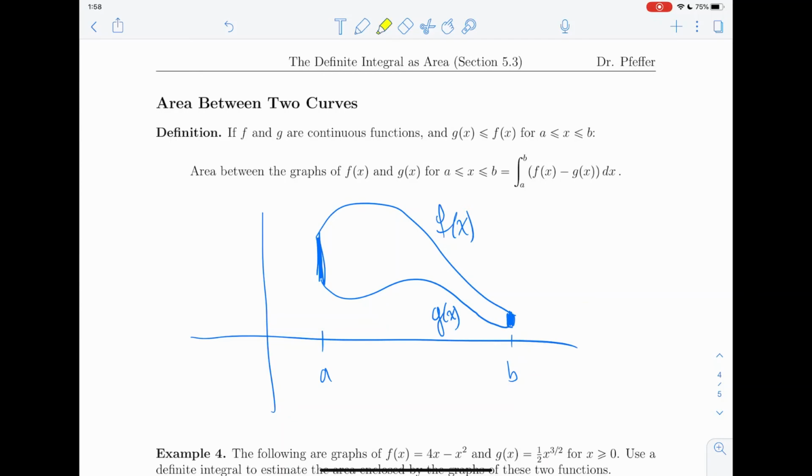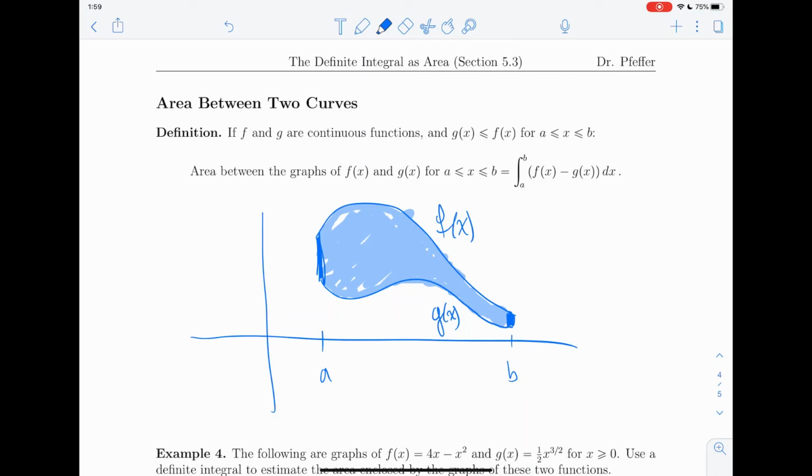And we could now start asking questions about what the area is between these two functions. So we might be bounded above by f and below by g, but this could be an interesting question we try to answer: what is the area of that shaded region?